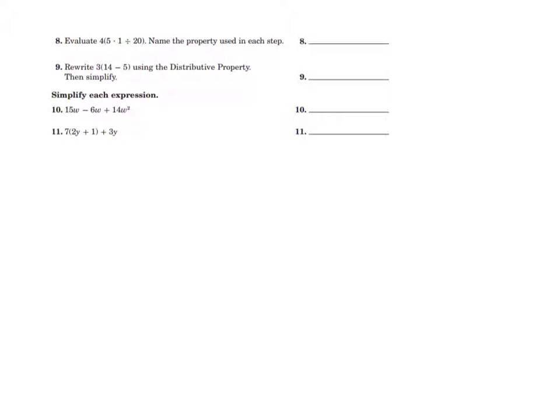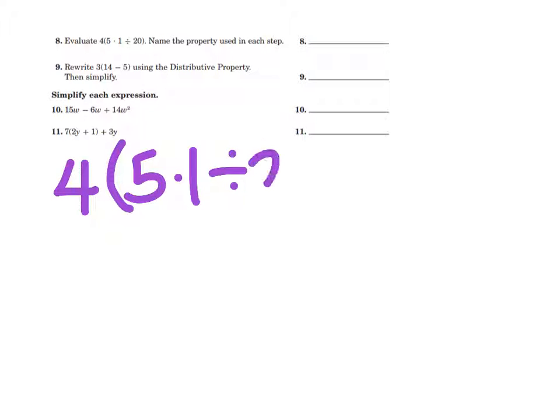So for this, if I have 4 times the quantity 5 times 1 divided by 20, so if I go inside the parentheses here, going left to right, 5 times 1 is 5. And the property they're looking at, it would be the multiplicative identity, because you're doing 5 times 1.